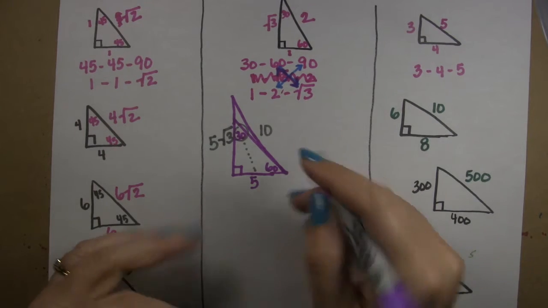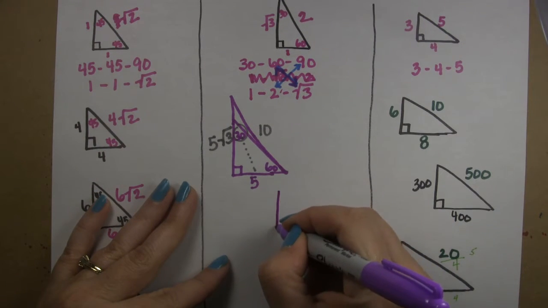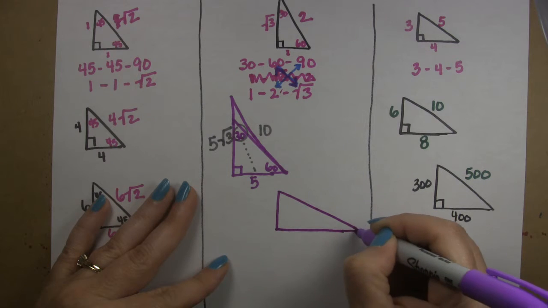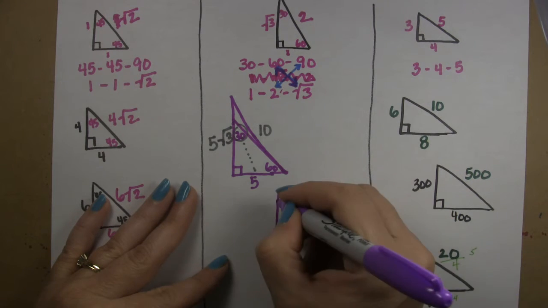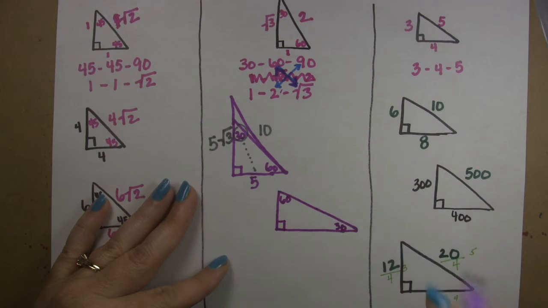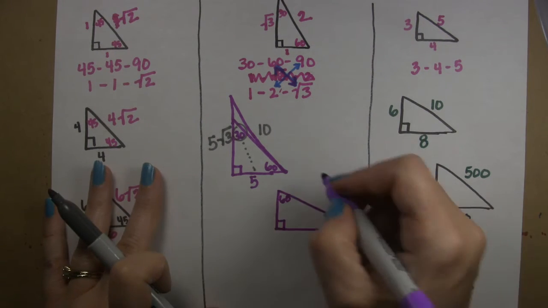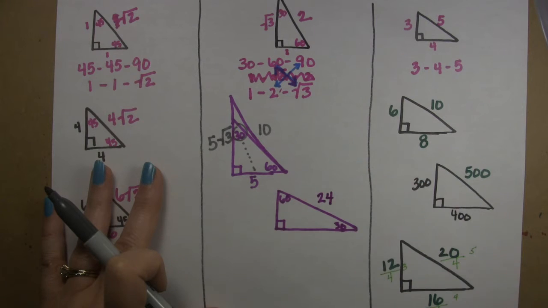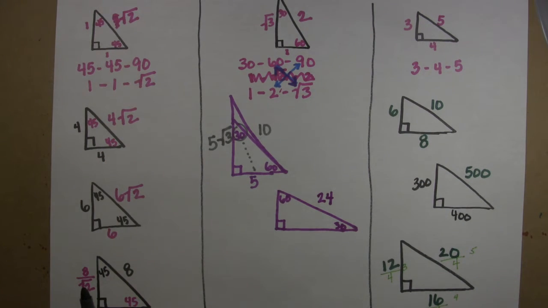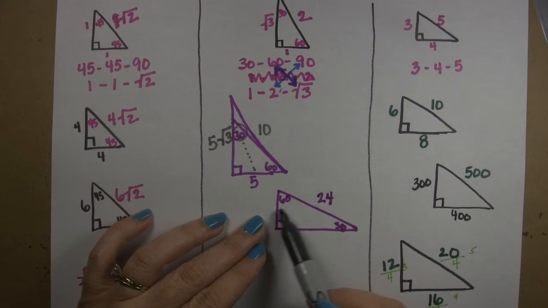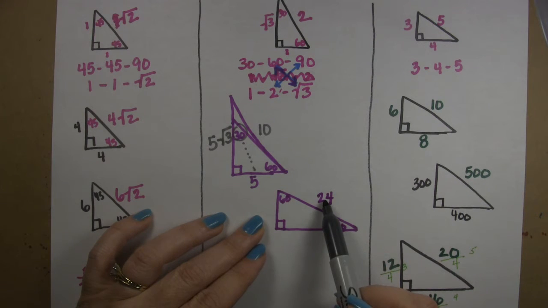Let's do another example. Let's say that we have this. This is a 30, this is a 60, and there's our 90, okay? And what do we know? Well, we know that our hypotenuse is a 24. We should be able to figure everything else out. So, the short side is half of the hypotenuse.